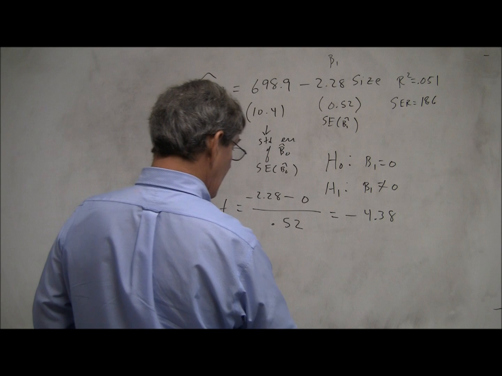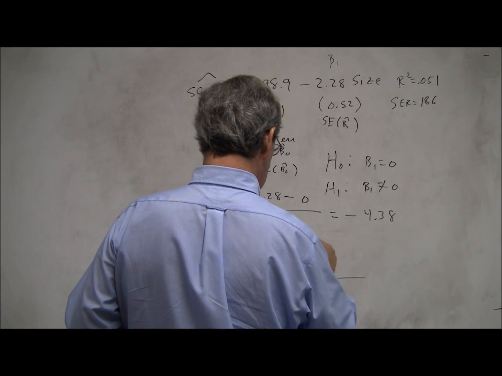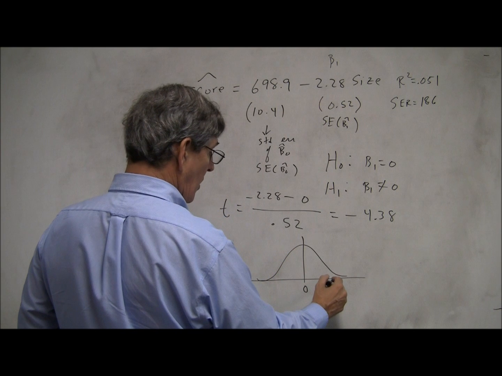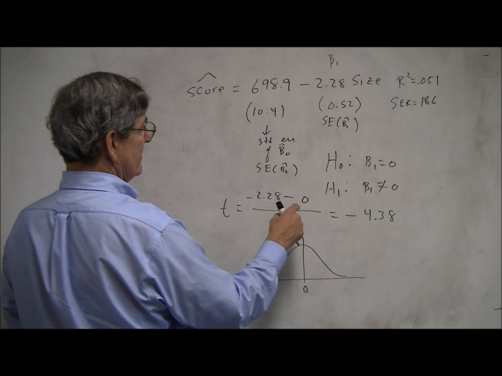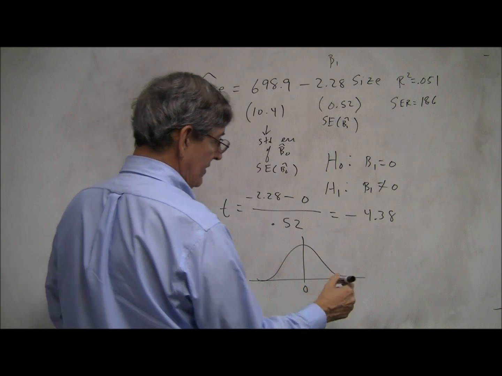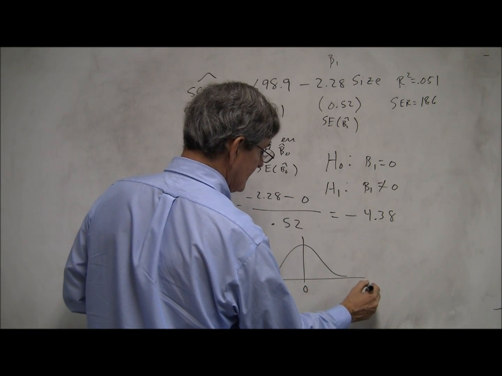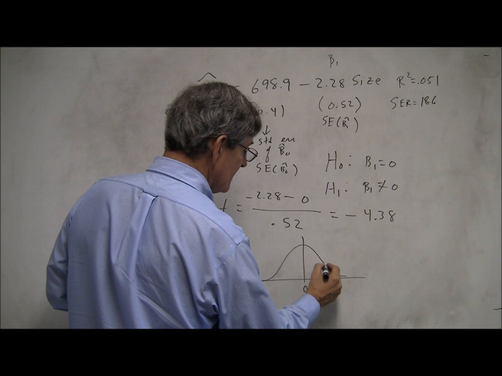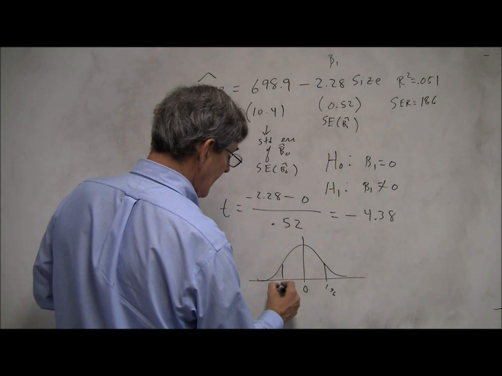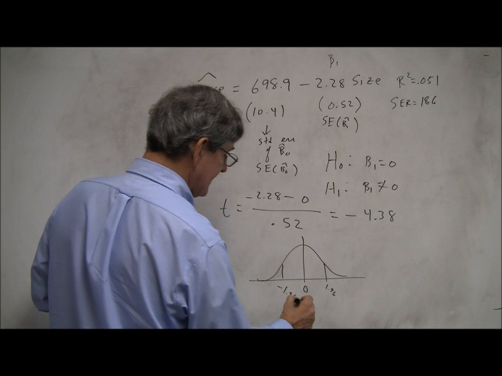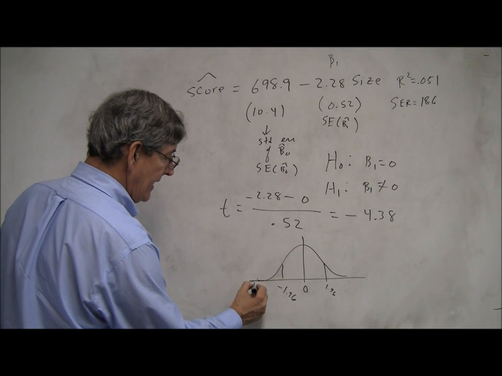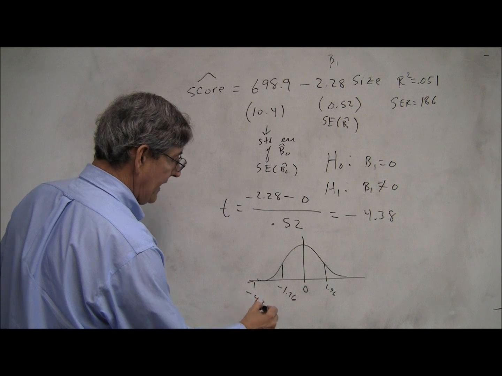Remember this t has a normal 0, 1 distribution, which we could prove fairly easily, and you should have in your last class. So our limits are 1.96 and minus 1.96. In this case, we're way out here in the tail at minus 4.38.